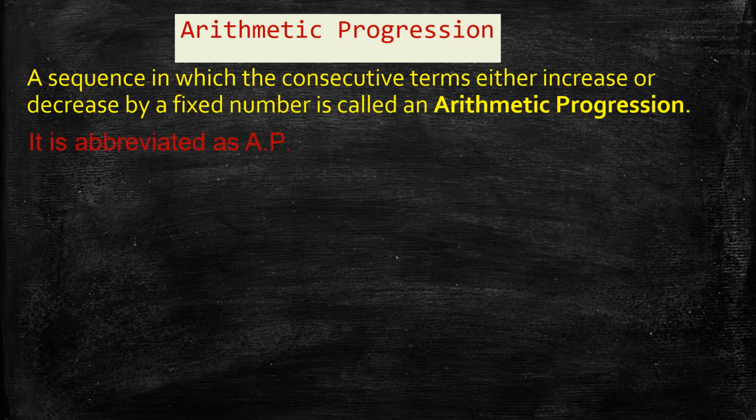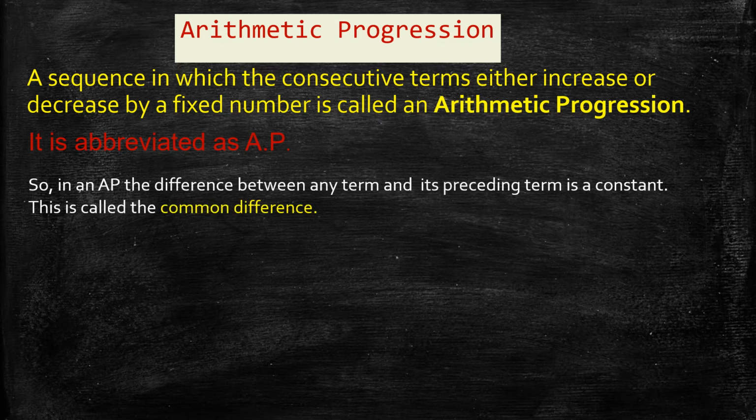It is abbreviated as AP. So, in an AP, the difference between any term and its preceding term is always a constant. And this constant is called the common difference, denoted by small d. Understood?